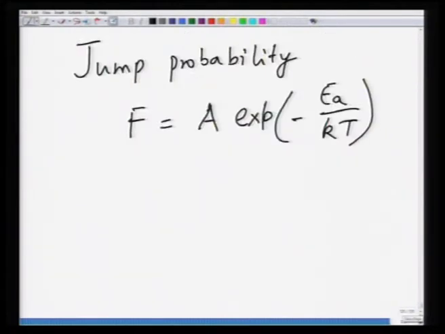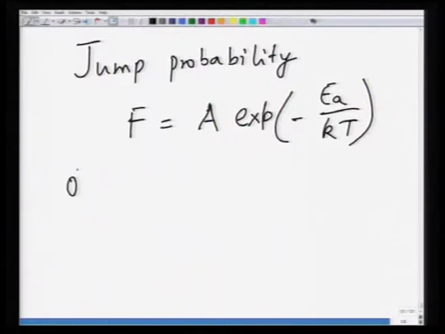So, we go from position 1 to position 2, there is a finite probability, and it can do that in the reverse direction as well. So, when you do not have any field, there is a random probability of jumping in random directions. As a result, the material does not show any net polarization, even though it has a finite dipole moment, because of the randomness associated with the jumps.